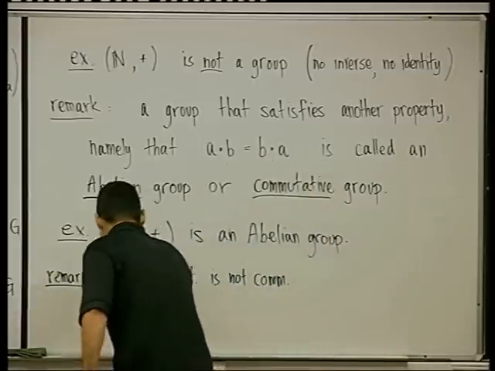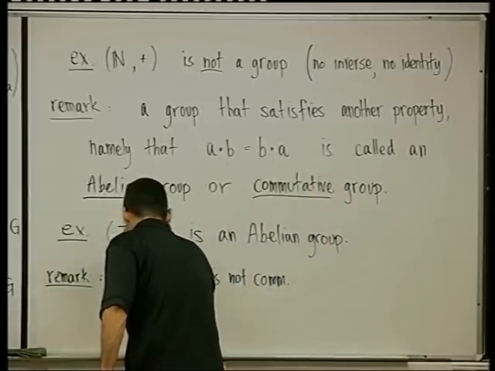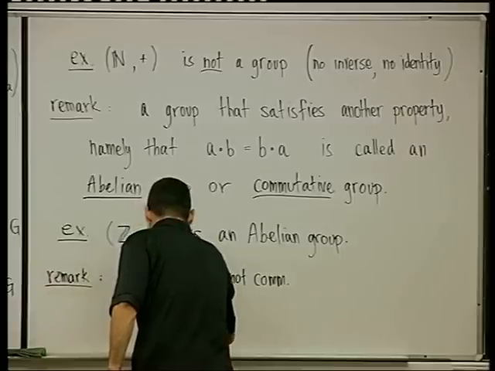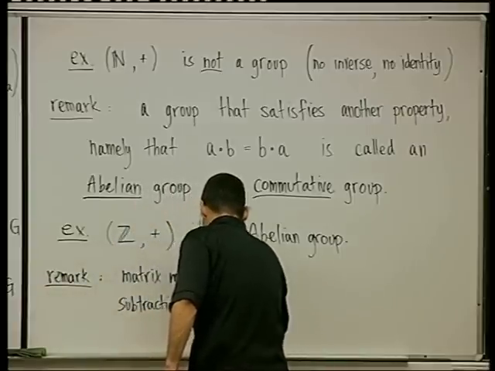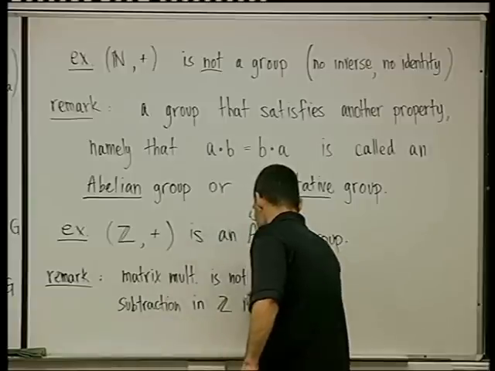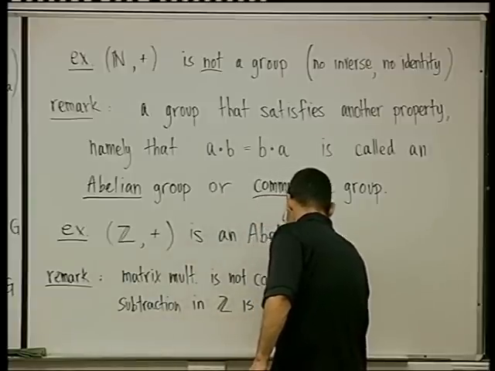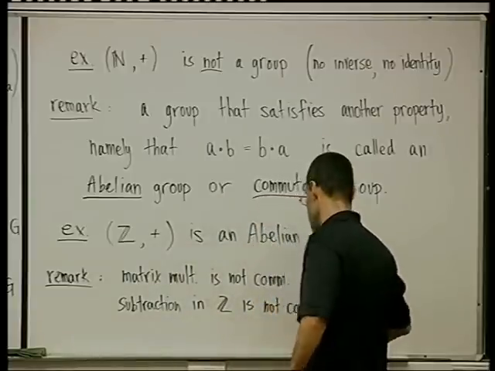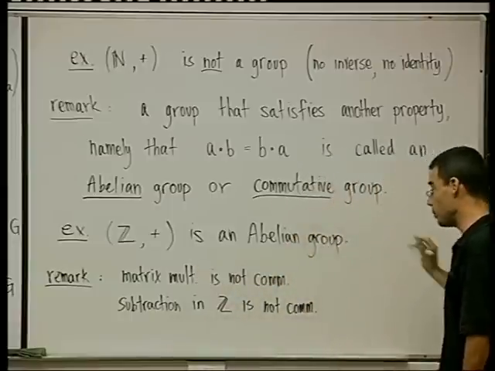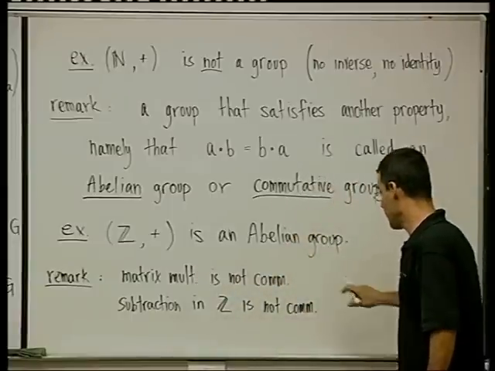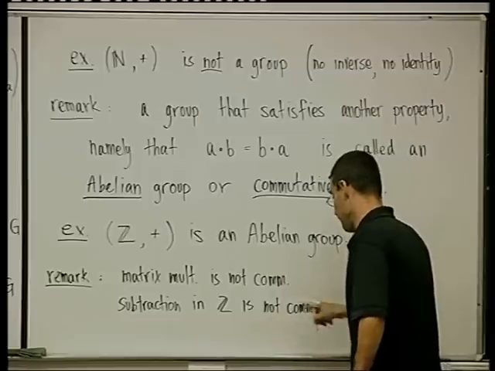And subtraction in Z, in the integers, is not commutative. So matrix multiplication you don't know yet. We'll see that later on. But this you do know.